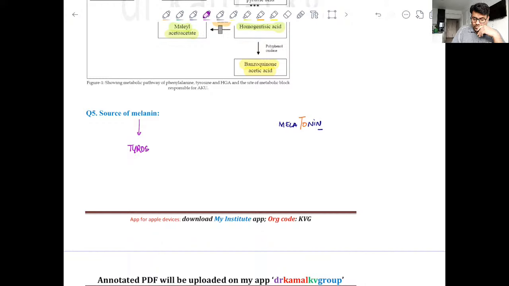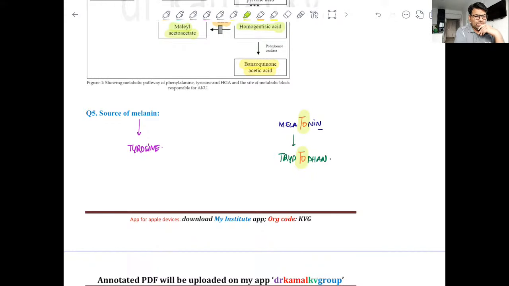Clear? So this is from tyrosine, whereas melatonin comes from tryptophan. Clear? So you can remember the similar terms, T-O here, T-O here.